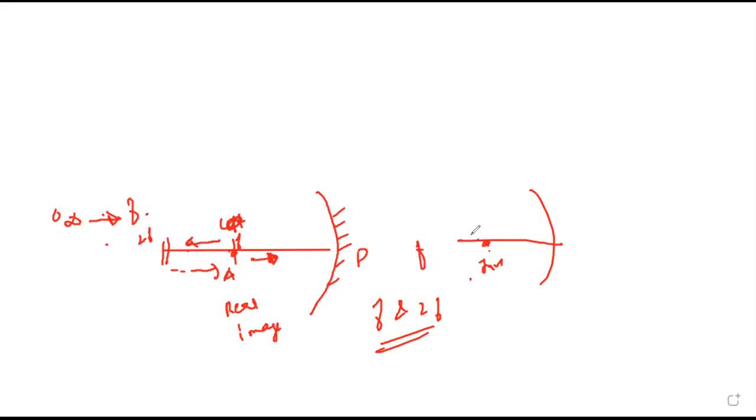But when I shift my eye to the left side, meaning I move away, then I am able to see that object slightly closer. That is possible when it is between F and 2F. Then when you move away, the object is away, the image is closer, and so on.